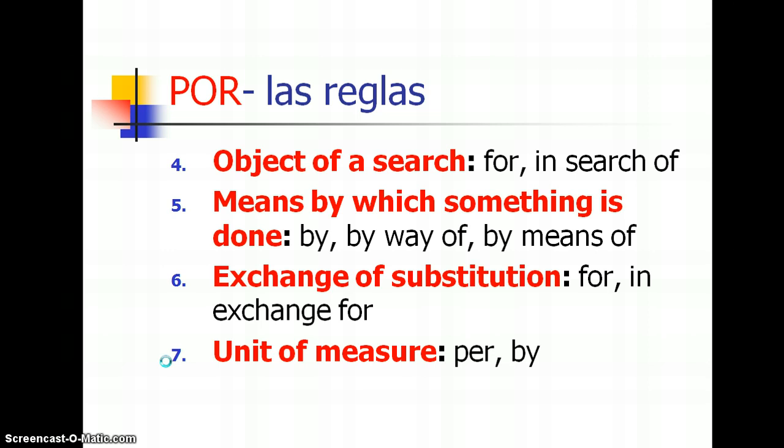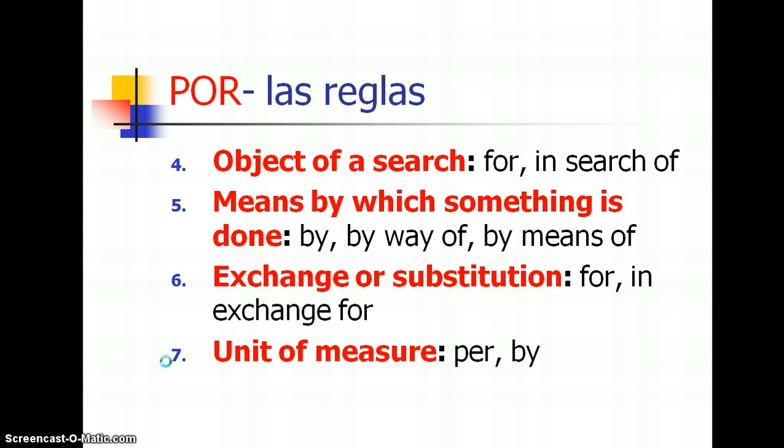In number 5, we express the means by which something was done, okay, by whom it was done, by way of, or by what method. We said por Skype, for example, by Skype. 6, we have an example of por being used to express an exchange or substitution. Okay, so if someone, for example, in one of the examples, el señor fulano trabajó por el Dr. Prozac.